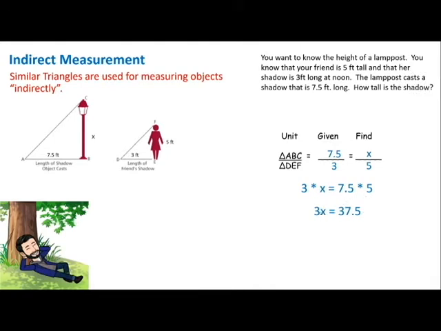And then to get rid of a times 3, I'm going to multiply both sides by the reciprocal. Remember that multiplying by the reciprocal is the same as dividing both sides by 3. It was just easier to type it as the times 1/3, leaving you with just x equals 12.5. So if I know these are similar triangles, then I know the lamppost must be 12.5 feet tall.